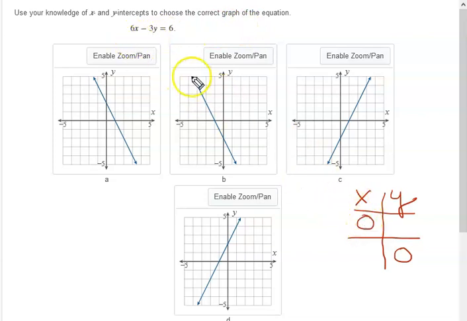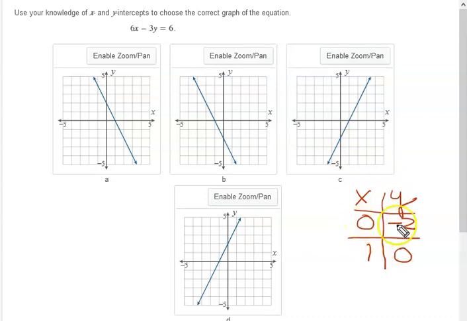If x here is 0, our y is going to be -2. We're going to divide both sides by -3. 6 over -3 is -2. Now, if y is 0, we're just going to divide both sides by 6, and we get a 1.